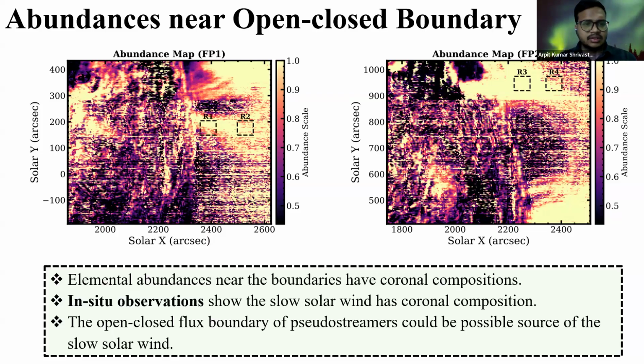If you see the regions of interest R1, R2, R3, R4, you will see that the elemental abundance near the boundary has coronal composition, and the open-closed boundary has been invoked as the primary region where interchange reconnection can happen, and in situ observations have already shown that the solar wind has coronal composition. That's why we are saying that these boundaries could be a possible source of slow solar wind.